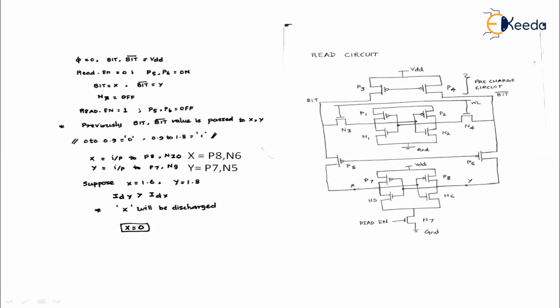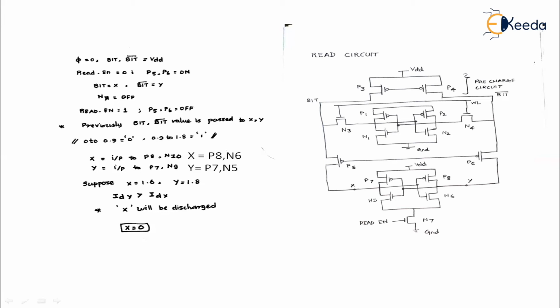Once I transferred, that particular circuitry is completely cut off from the main circuitry, and then my X and Y value will be observed, and that is given as an input to two inverters, and the one which is getting the higher voltage will be discharged first, and thereby my X is discharged to 0.